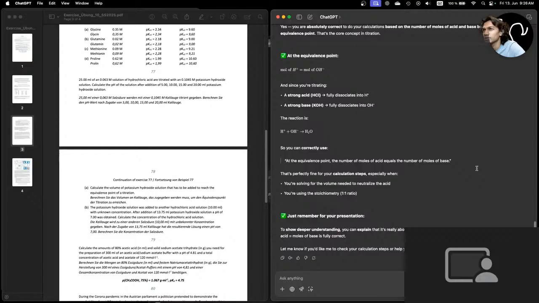Both these are strong. At equivalence point, the volume of KOH equals number of moles of KOH by concentration of KOH, which is 15.07 milliliters. That is the equivalence point.